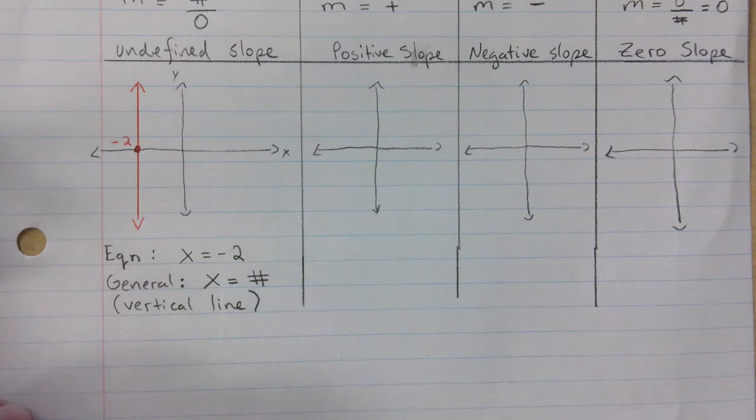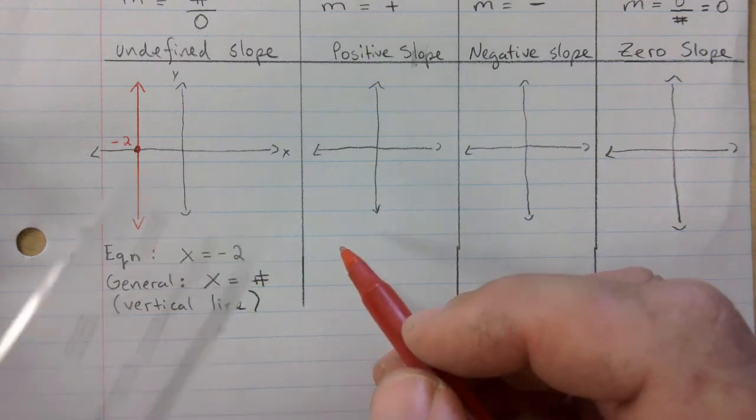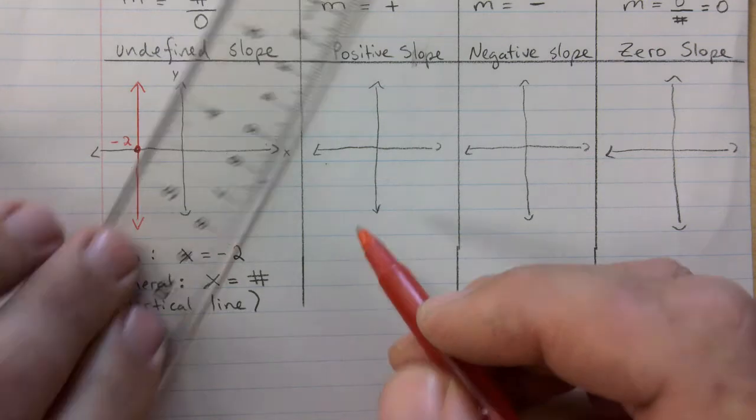And one thing we know about a positive slope is that it's going to increase from left to right.